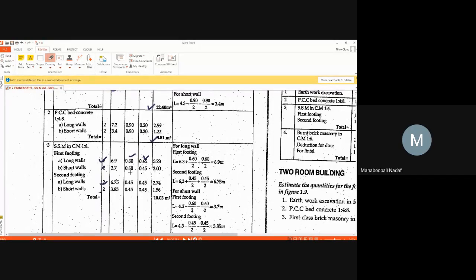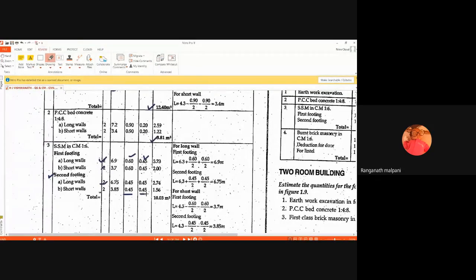Now, similarly, by referring to the cross section, above the ground level, that is the second footing, what is the width? 0.45. What is the depth, meaning the height of that stone masonry in the second footing? 0.45. Both are the same, 0.45, 0.45.